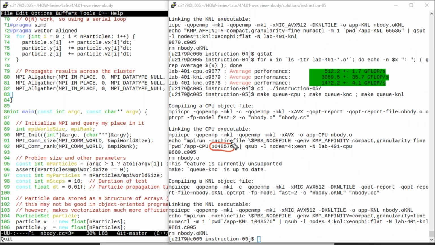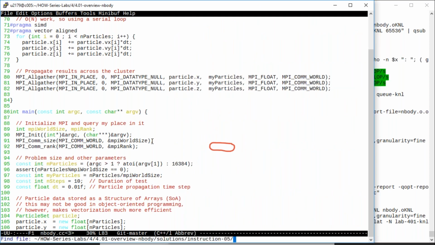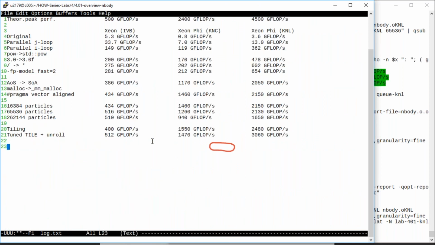So this is a weak scaling study. It will take a little bit of time to get the results out, but when they go out, we should have a good story to write home about. So MPI with 4 nodes using AllGather.